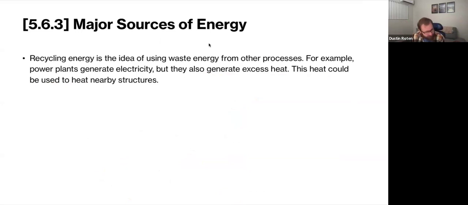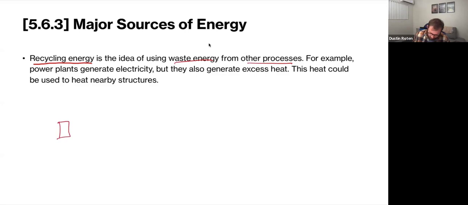One last point I want to make is that there's something called recycling energy. Let's read it first, and we'll talk about it. It's basically the idea of using waste energy from other processes. For example, power plants, obviously, generate electricity.